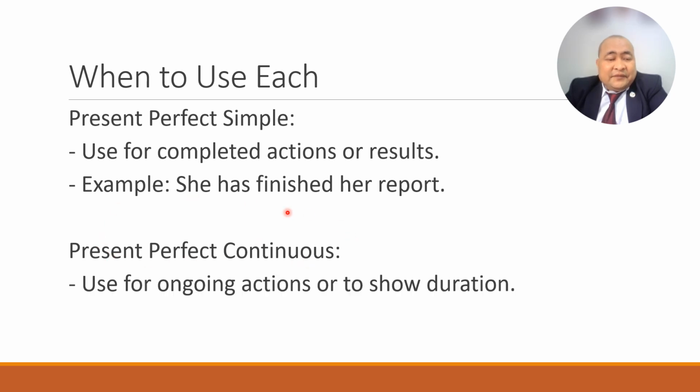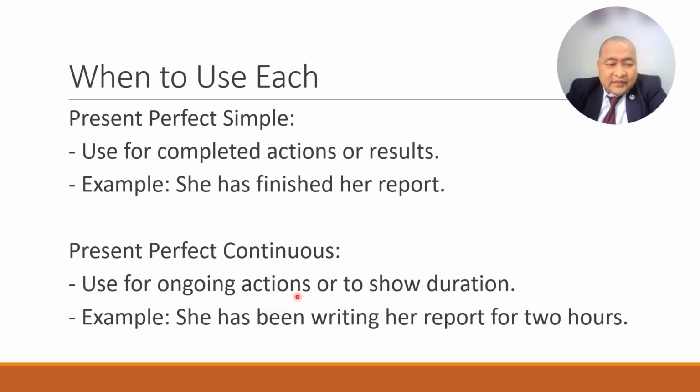While the present perfect continuous is for ongoing action. Ongoing means still in process, still doing, still working on it, or to show duration. Example, she has been writing her report for 2 hours.